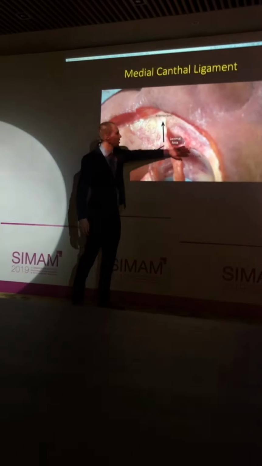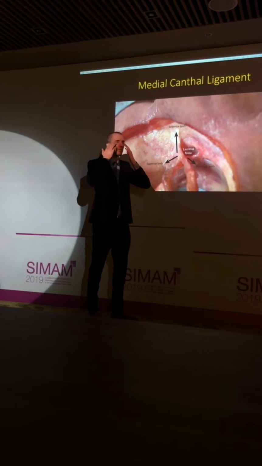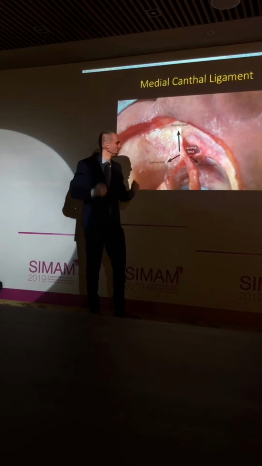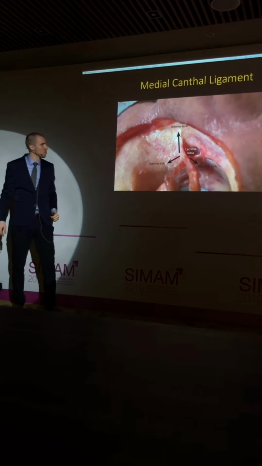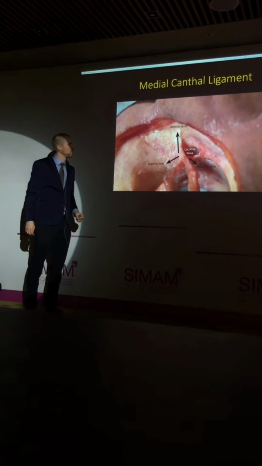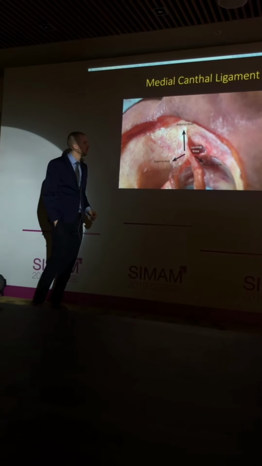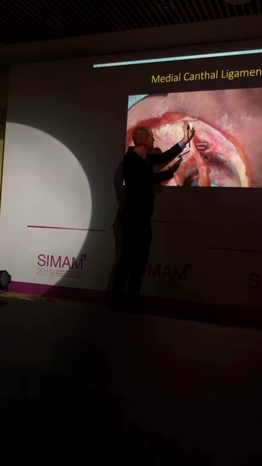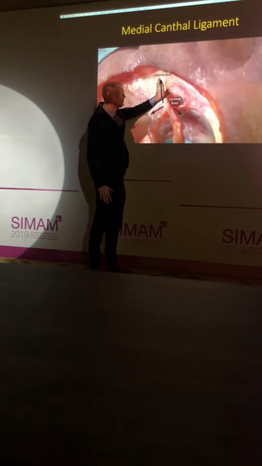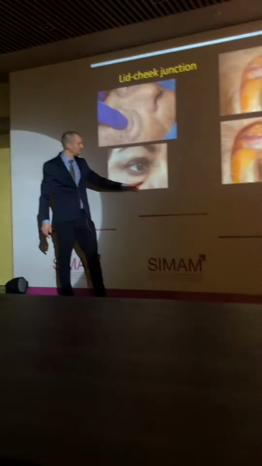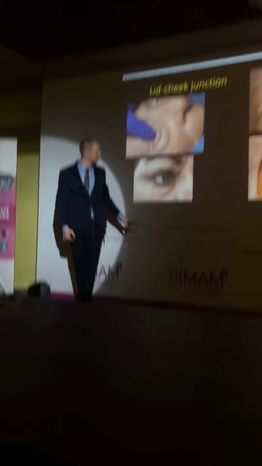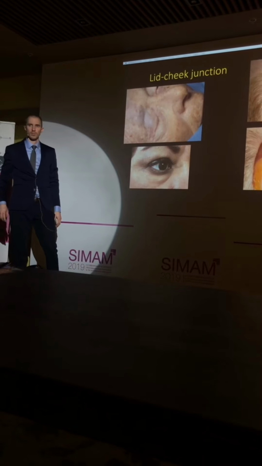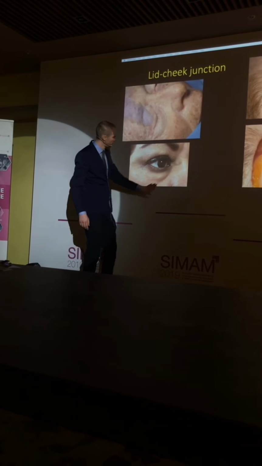It has a superior and posterior limb that holds the tarsus down and pulls it posterior. The anterior limb goes almost onto the bone, onto the nose. I don't quite agree with the term tear trough ligament. Here it does look like a groove.